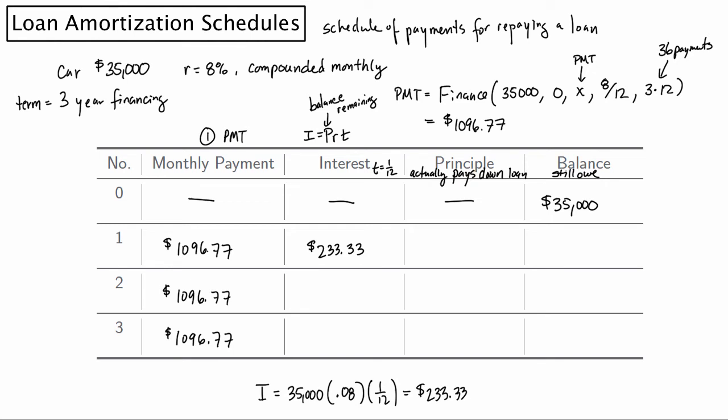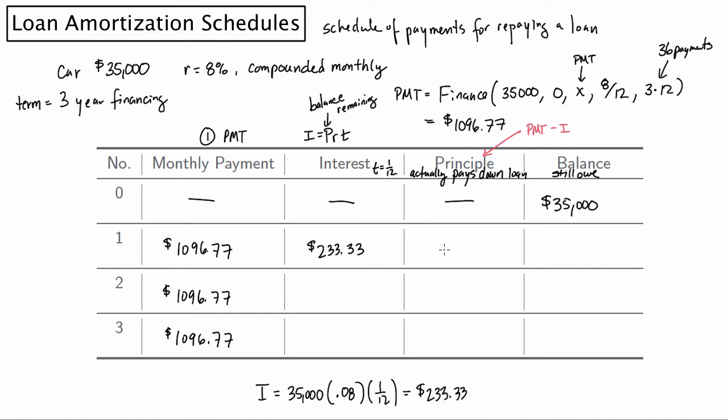Now the question is, okay, if I make almost an $1,100 payment and 200 something of it goes away, how much is left? That's what the principal part is going to tell you. And the principal, the way to find the principal is to take your monthly payment and then to subtract your interest.